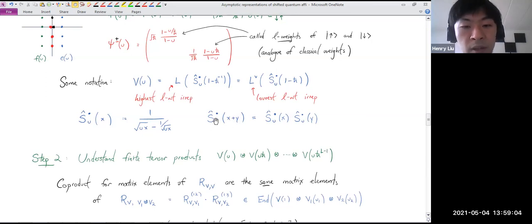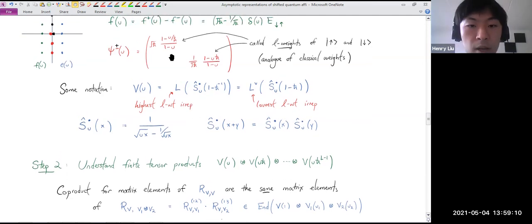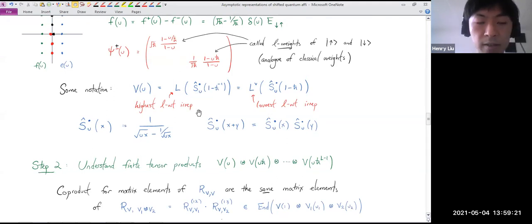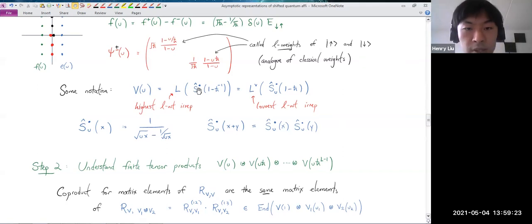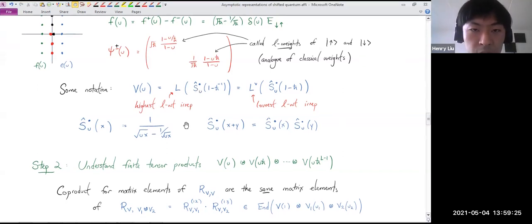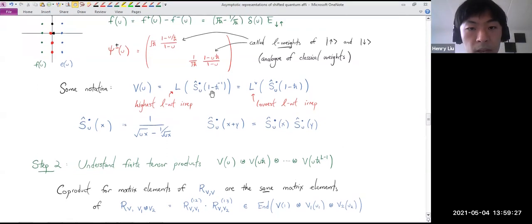So S hat of the sum of two weights is the product of their S hats. As an example, this loop weight of up arrow can be written more succinctly as S hat of 1 minus h bar inverse. If you're not familiar with this S hat business, you should check that. It makes computations slightly more succinct later.